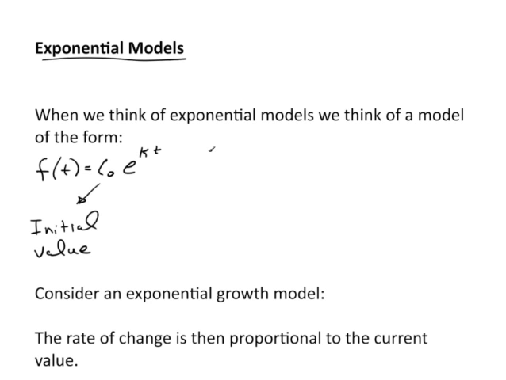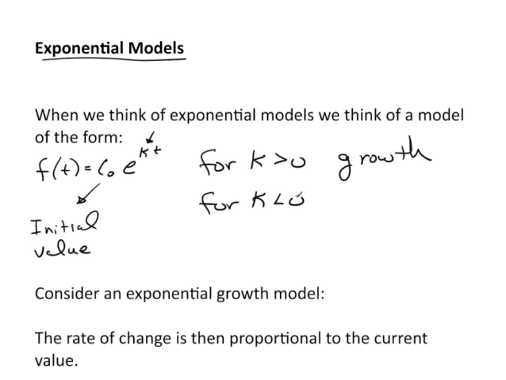Now, specifically here, if we have a situation where k is greater than 0, for k positive, then we have a growth model. If we have a situation where k is negative, k less than 0, then we have what's known as a decay model.